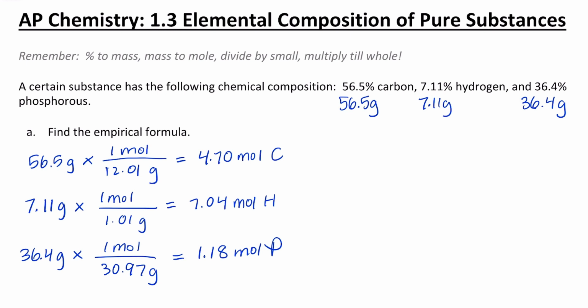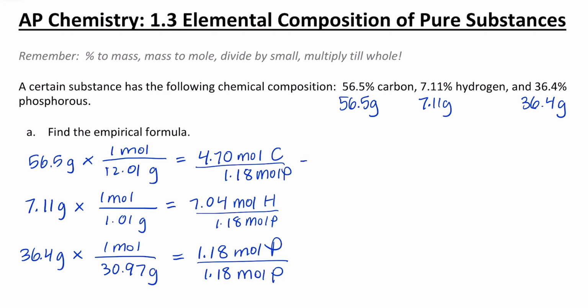Now we would divide by the smallest number of moles, which would be phosphorus. And so all of these would be divided by 1.18. And then also divide by 1.18 moles. And we should get approximately 4 for this one, approximately 6 for this one, and 1 for this one.